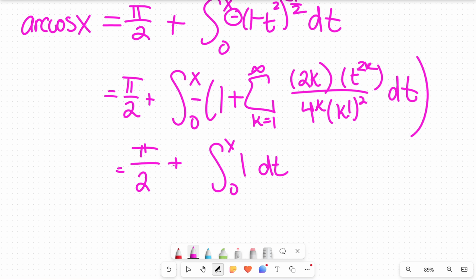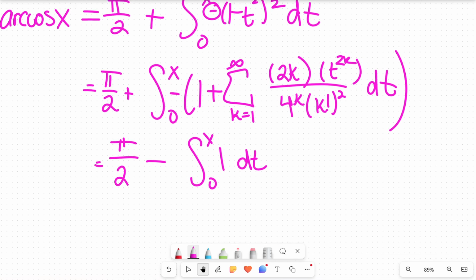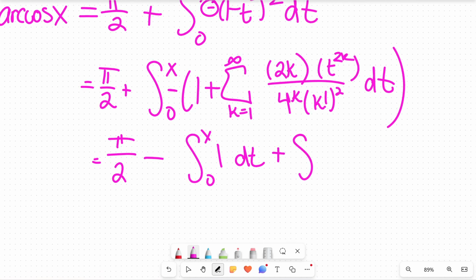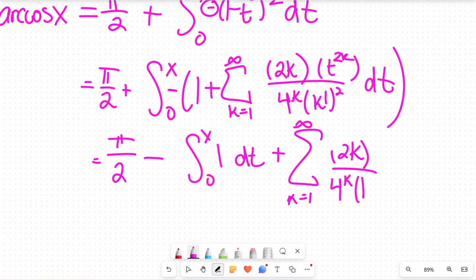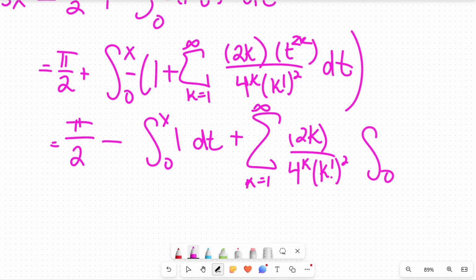So I'm going to change this to a minus. So minus 1 dt, and then plus my summation from k equals 1. I have my 2k, 4 to the k, and then k factorial squared, and then I'm integrating from 0 to x of t to the 2k dt.